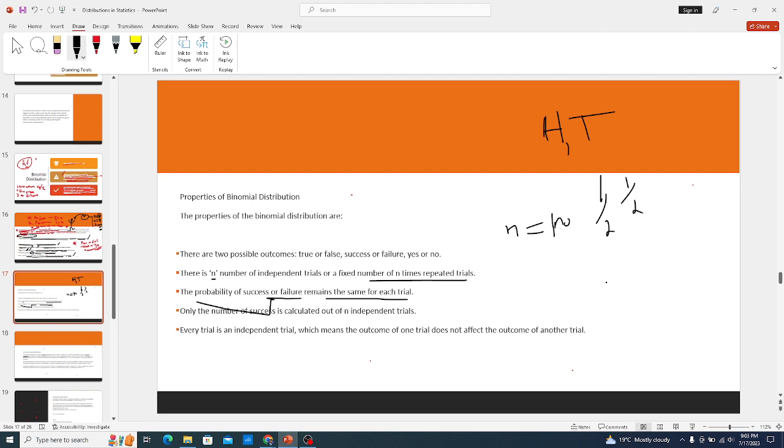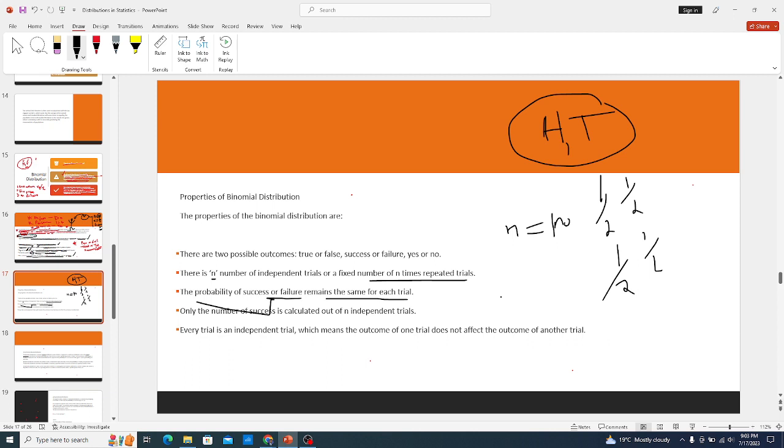If we are dealing with the probability of success and failure, it's either a half or half, because here we only have two outcomes.